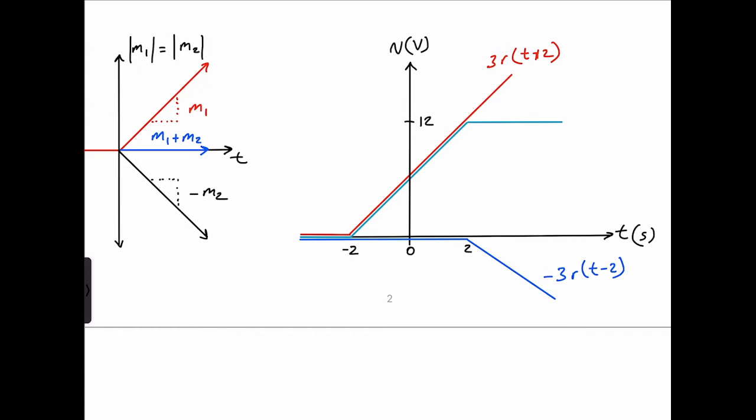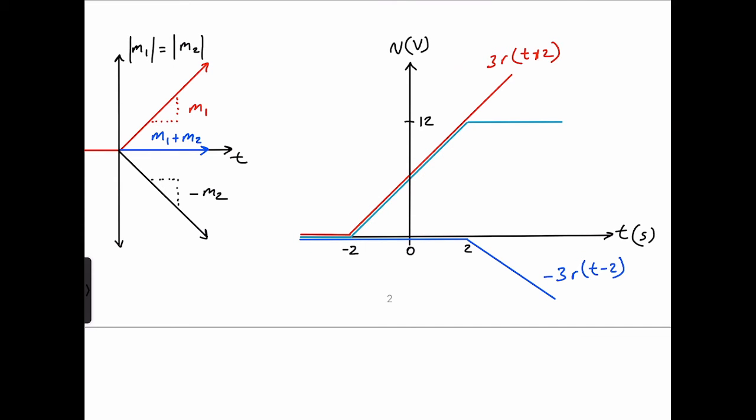And then in teal, if we add those together, you can see all these functions equal 0 up to negative 2. So that just remains 0, right? So 0 plus a slope of 3 is still going to equal 3. Nothing changes for that slope.